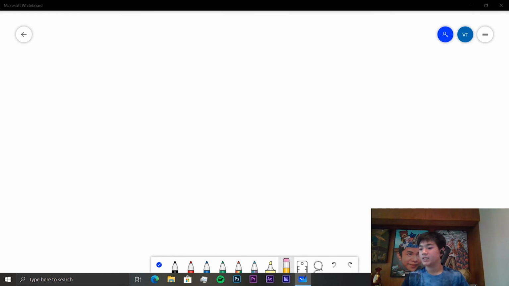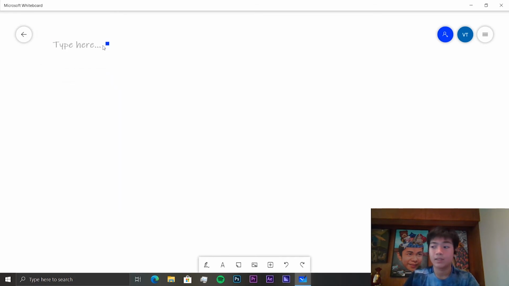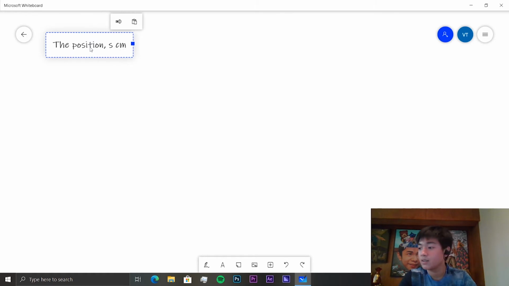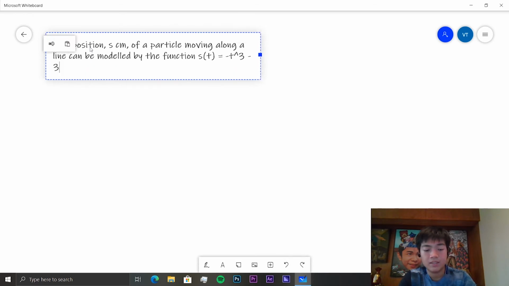Okay, now on to the next question. Question 5, and that one is, well, we have the position s centimeters of a particle moving along a line, which can be modeled by the function s of t is equal to negative t cubed minus 3t squared plus 4t plus 3, where t is the time in seconds.